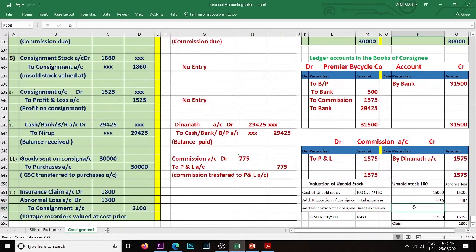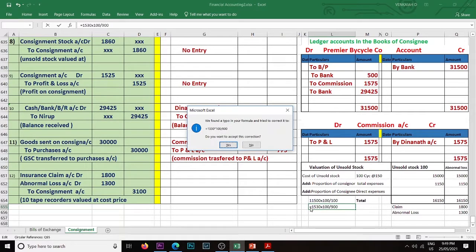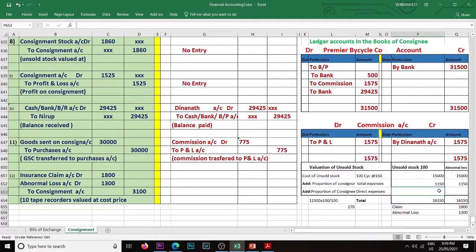But for unsold stock we have to calculate octroi also. Consignee direct expenses, that is 1530 into 100 divided by 900. Why I am writing 900 here means consignee paid octroi for only the received quantity. Which one? Received quantity. Received is how much? 900. Okay? The amount is 170.